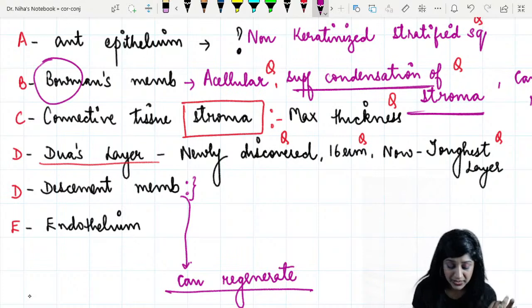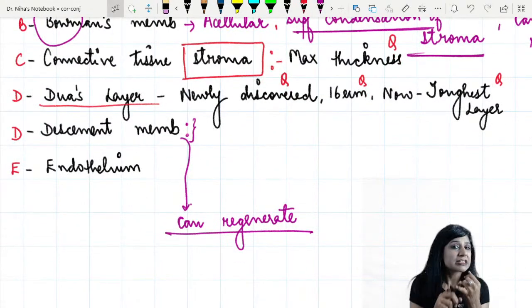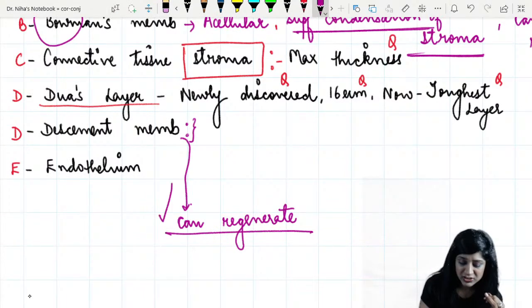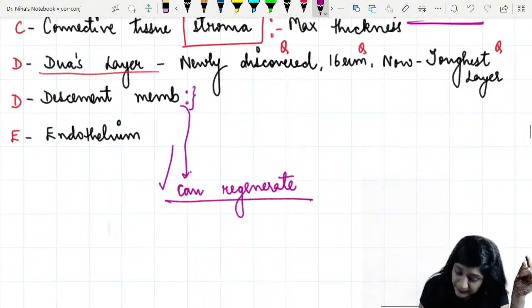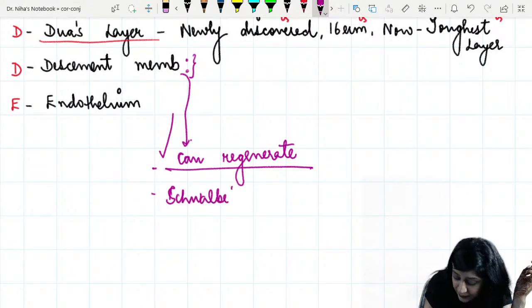Then we have the stroma, obviously the thickest part. Then we have the pre-Descemet's membrane, the newly discovered membrane. Then we have Descemet's membrane, which is very important. It can regenerate. Then we also have the Schwalbe's line. What is Schwalbe's line? Anybody?